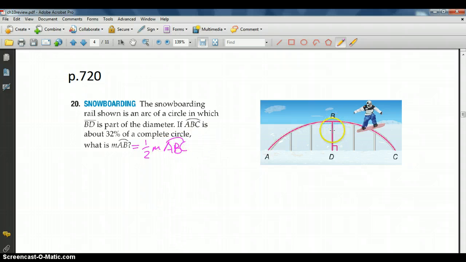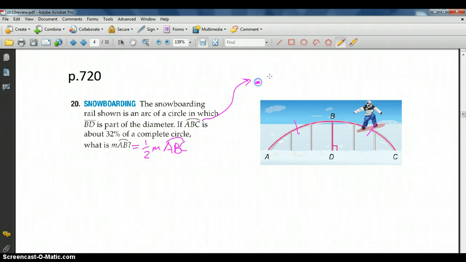We know that because it says that BD is the diameter, so it's going to split this arc in half. So these 2 arcs are congruent. So what do we know? We know that ABC is 32% of the complete circle. So let's figure out what ABC is.